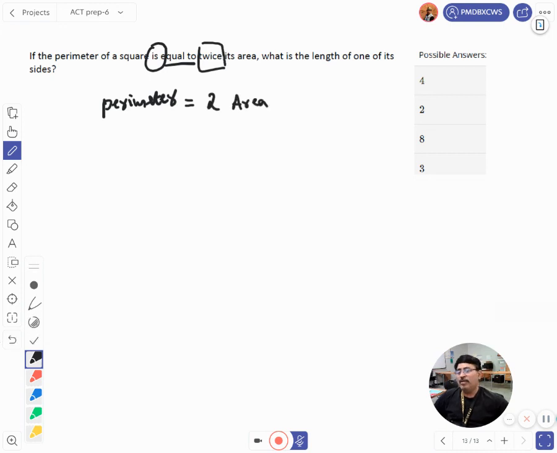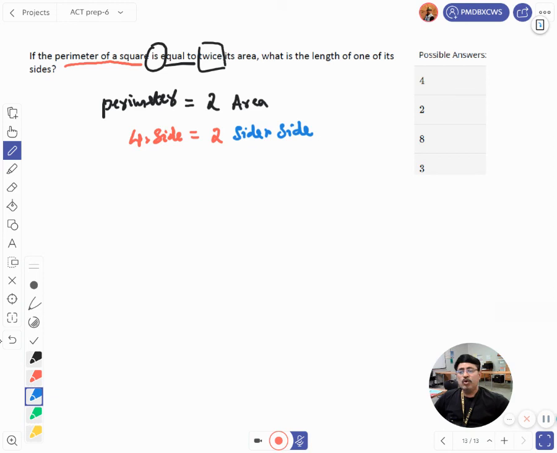What is the length of one of the sides? So first of all, perimeter of a square means that is 4 times side, equals, what is area means, you know that area of a square is side times side.